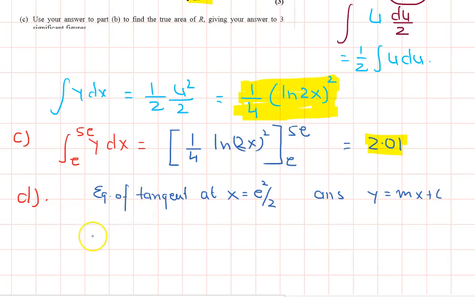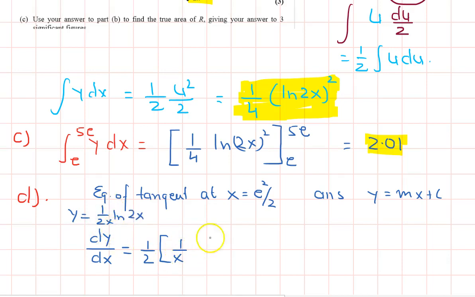Now to find the equation of the tangent, we need dy over dx. You know that y is equal to 1 over 2x ln 2x.